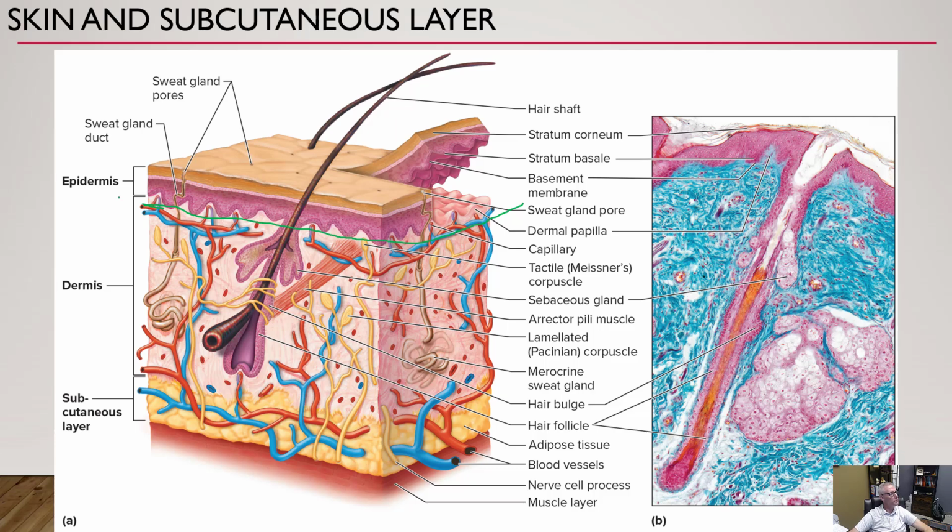Within our epidermis, everything up here would be the dermal layer, or that papillary layer, and then everything down here would be the reticular layer. So our dermal layer is very thin, our reticular layer is very thick. Dermal or papillary layer: areolar connective tissue, fingerprints. Reticular layer: dense irregular connective tissue.